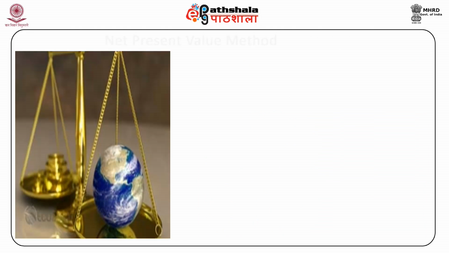Net present value, or NPV, is defined as the present value of future cash flow discounted at the project cost of capital minus the initial cost outlay for the project. Projects with positive NPV should be accepted and projects with negative NPV should be rejected. If the two projects are mutually exclusive, the one with higher NPV should be accepted.